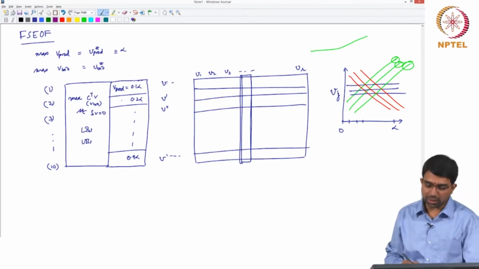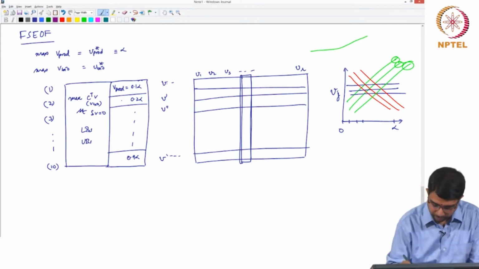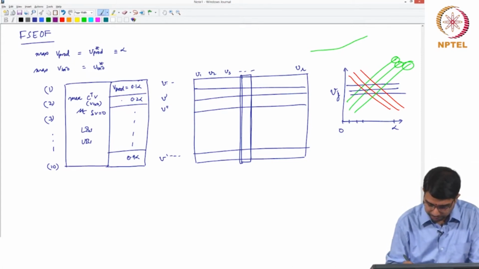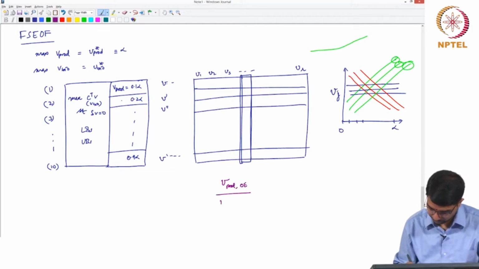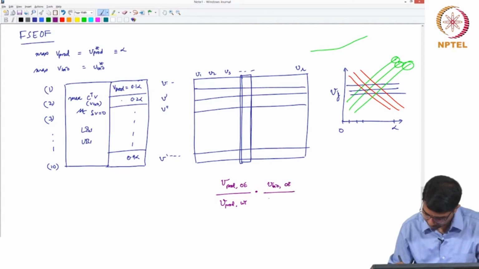And how would you quantify the improvement? You can compute a fraction which says V product over expressed by V product wild type into V bio over expressed by V bio wild type.